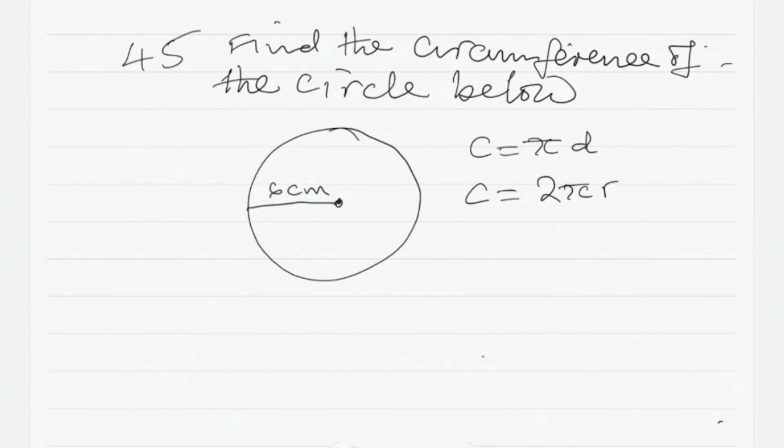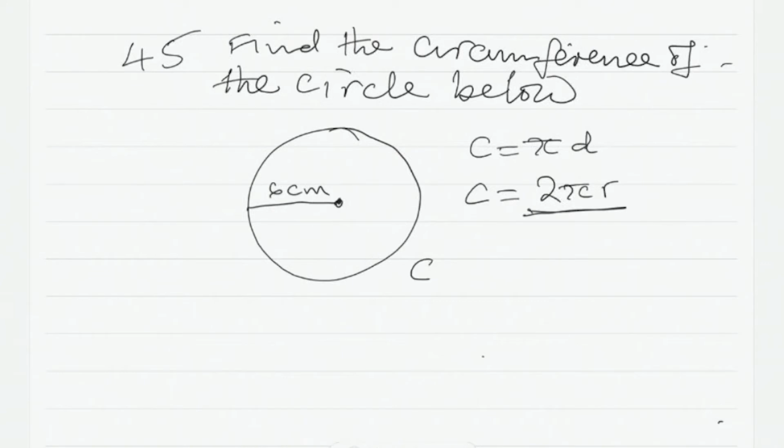So which one are we going to take? When they say pi d, it means diameter. When they say 2 pi r, it means radius. Now in this case, they have given us the radius. So we are going to take this formula here to calculate the distance around that circle.